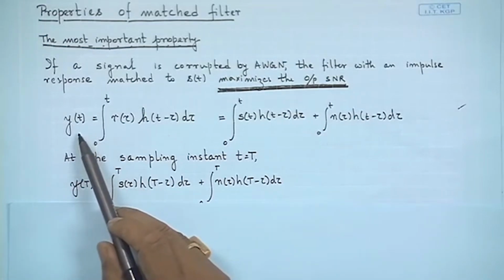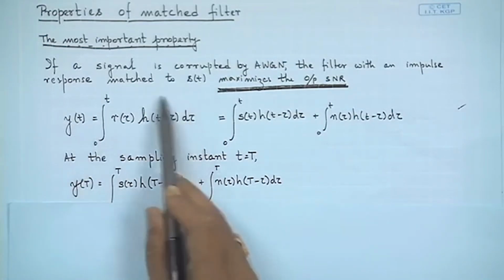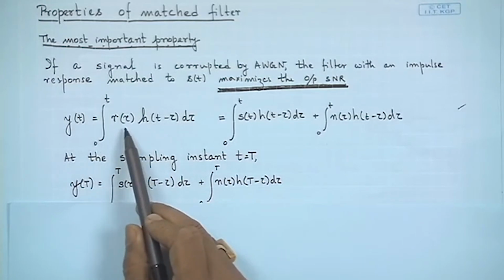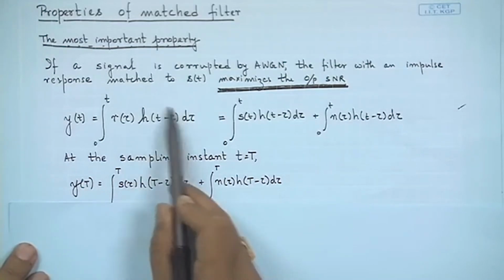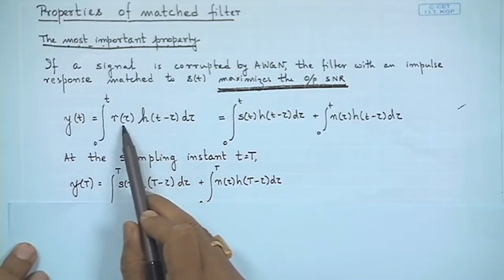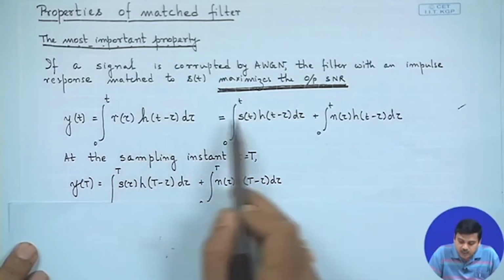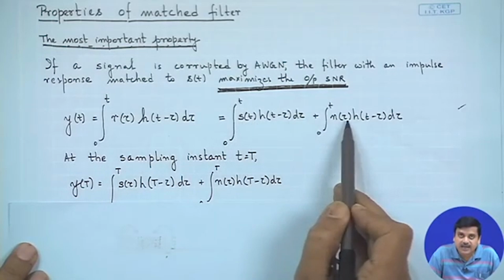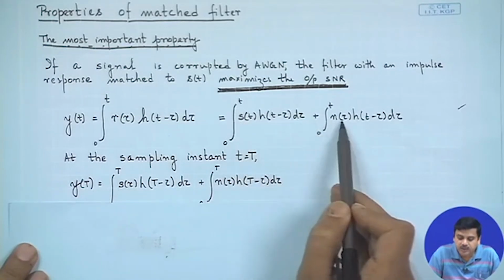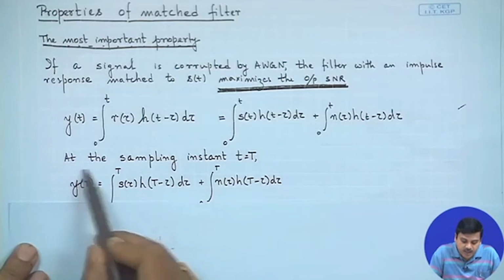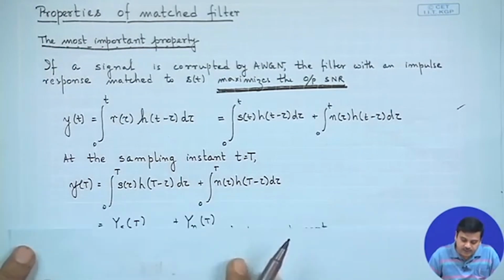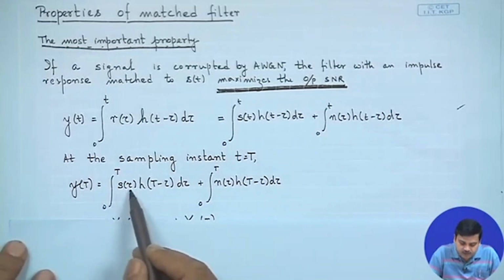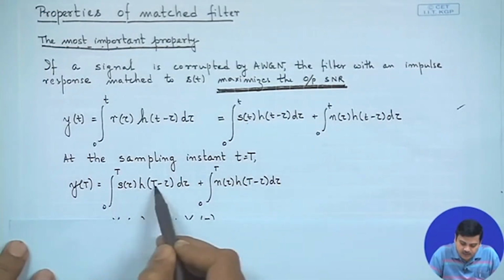The received signal y of t is given by the convolution of the received signal with the impulse response of the filter, which is h of t. So, there you see the convolution operation. R of tau is broken into components of S and N, so you have the signal component and the noise component. At the sampling instant t equals capital T, you simply replace t by capital T. You have the convolution of S of tau with h of t minus tau.